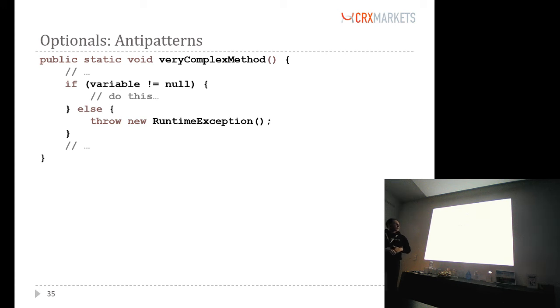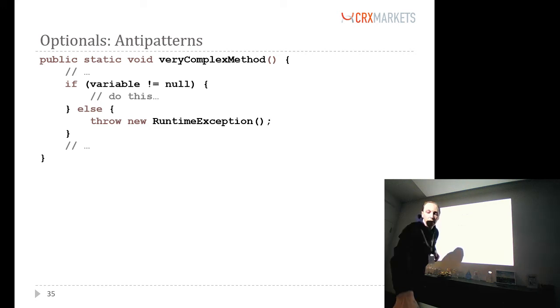So, for example, you have this very, very complex method, a lot of things are going on there, and your Sonar build is failing because, hey, you have a cyclomatic complexity of 12, for example, and you have to reduce it to at least 10. So you see this part of the code which checks something for null, and if it's not null, we do something with it. If it's null, then we just throw an exception. Well, you look at it and say, what if I rewrite it with an Optional?